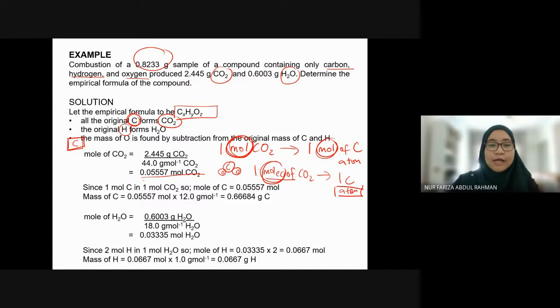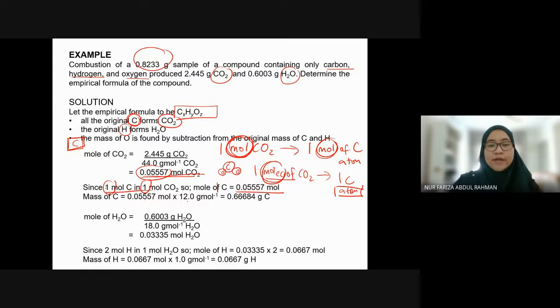Earlier on for carbon dioxide we have 0.0557 mole CO2. Therefore, the number of mole for carbon will be the same, because it is a 1-to-1 ratio. Next we have the mole of the carbon ready.